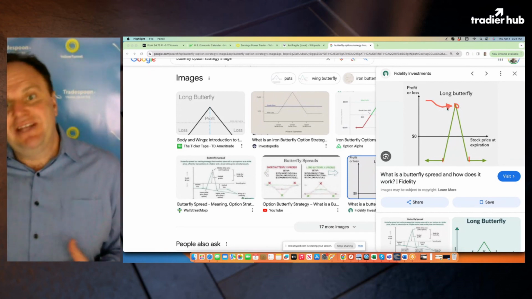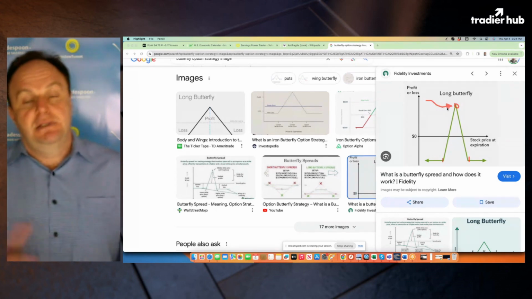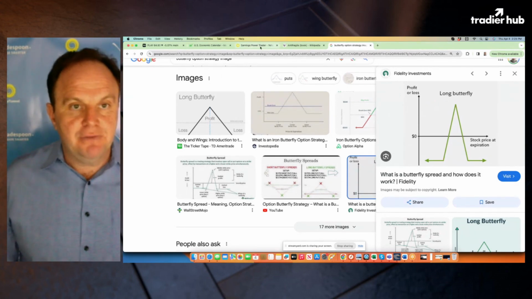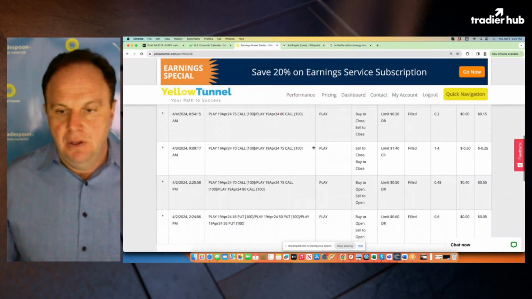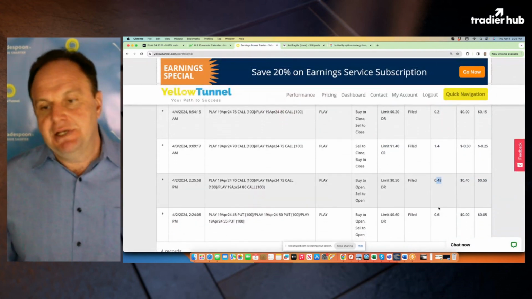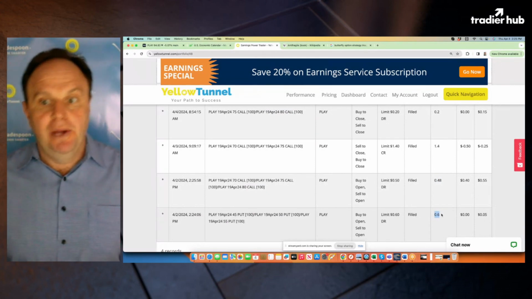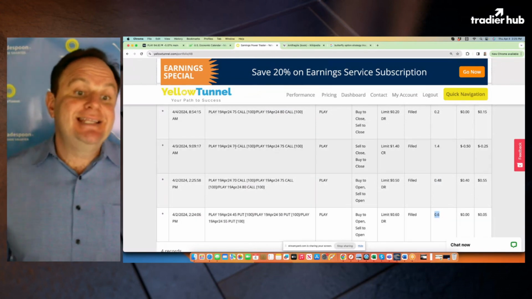So when you have that directional move and you use butterflies as a directional trade, you could put on a trade in a relatively small amount of capital, right? In this example, it was 48 cents and 60 cents, right? So I put it on for $1.08. It didn't stay at 70, right?